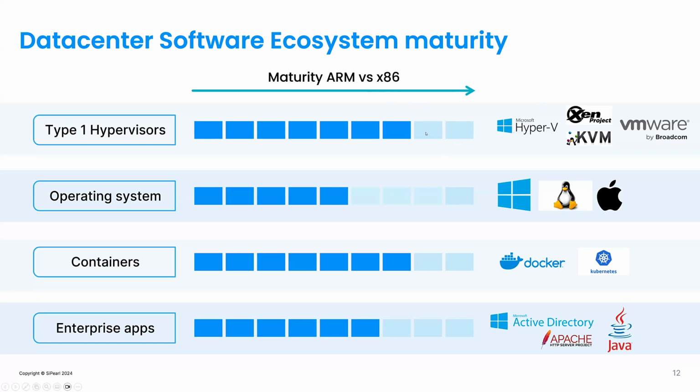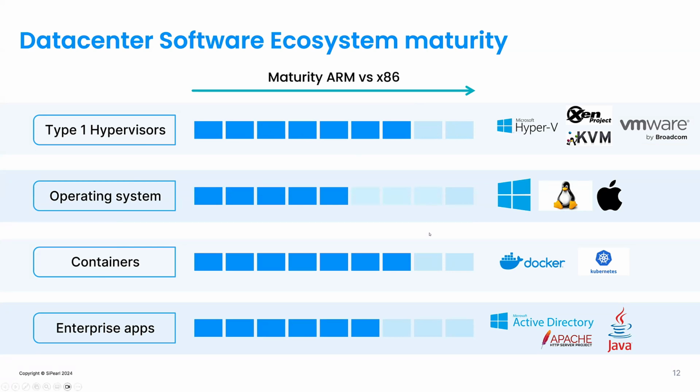The maturity of ARM versus x86 for four different sections is still a little bit lower. For example, the type 1 hypervisor is good because for ARM it works with Microsoft Hyper-V, the Xen project, VMware, and KVM. However, in terms of maturity, it is still a little bit behind x86.